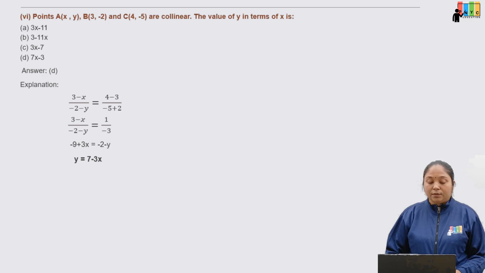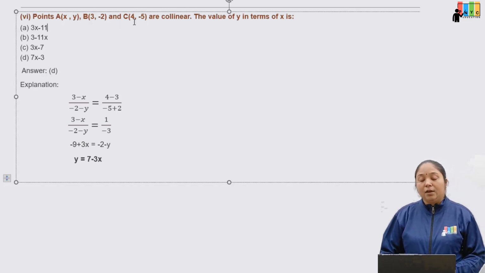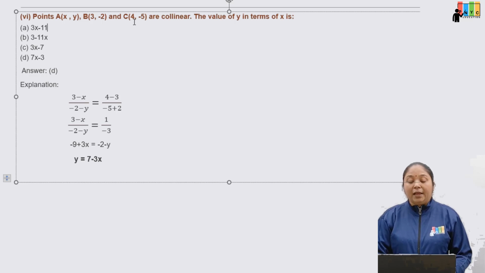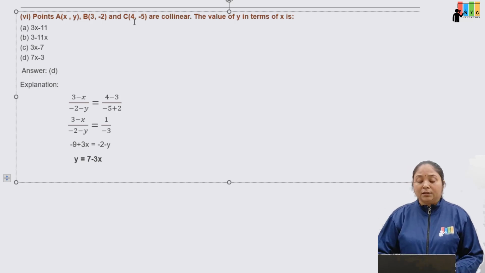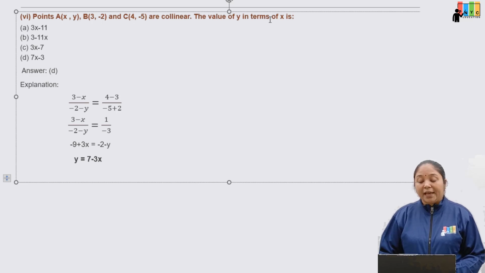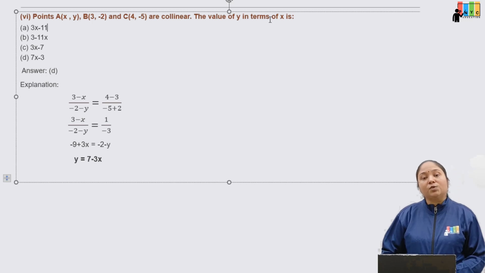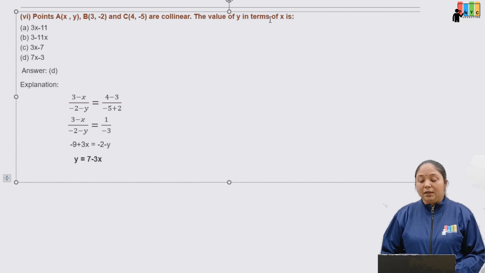Sixth question. Points A(x, y), B(3, −2) and C(4, −5) are collinear. The value of y in terms of x is. Now we need to find the value of y in terms of x, meaning y is equal to something x.